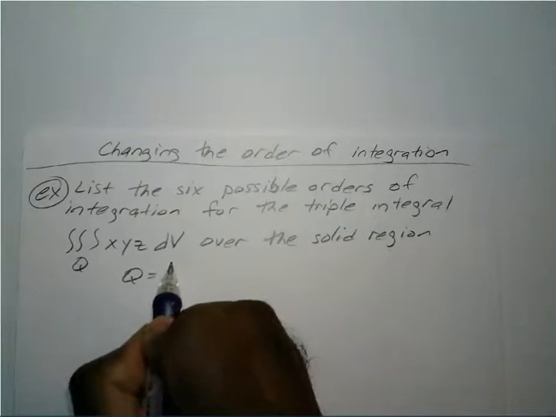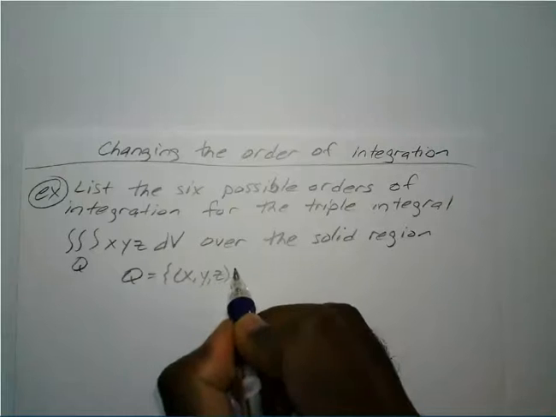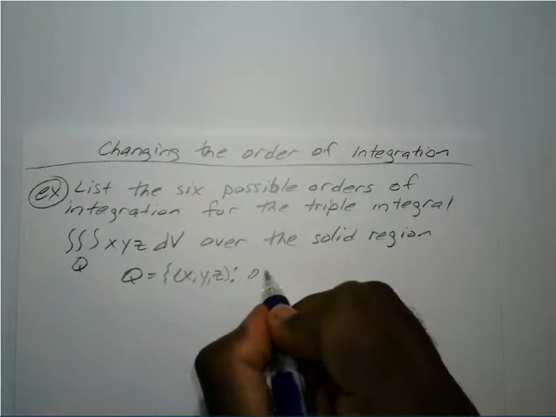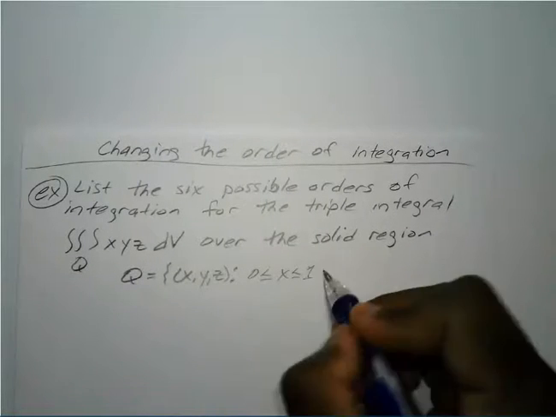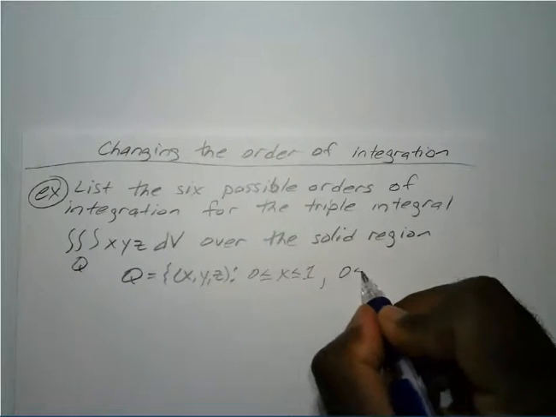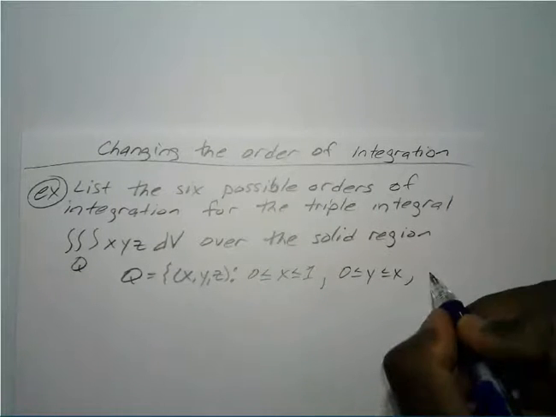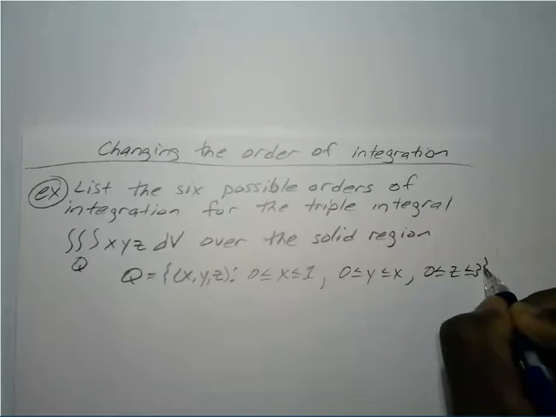Q is equal to xyz such that x is between 0 and 1, y is between 0 and x, and z is between 0 and 3.